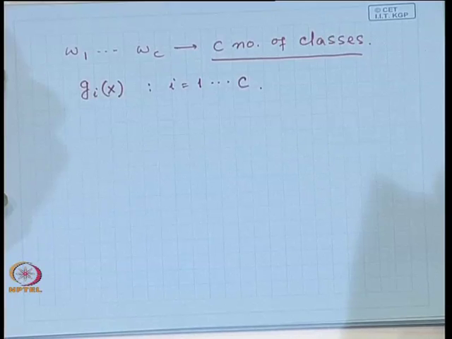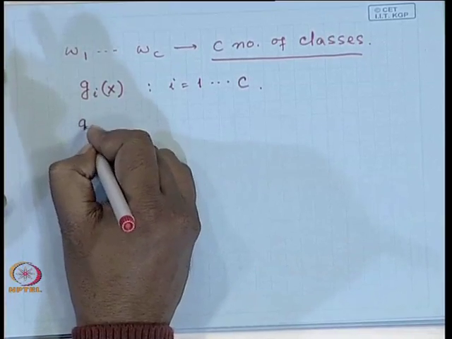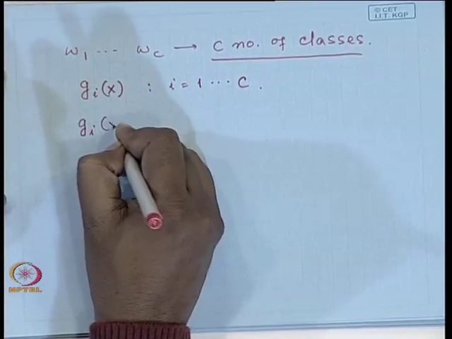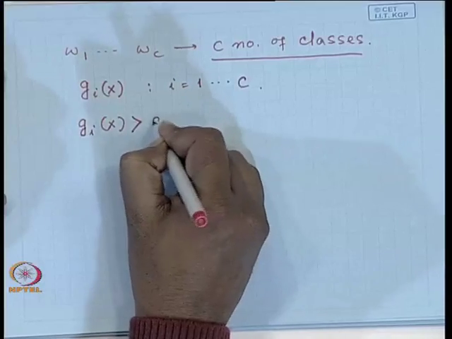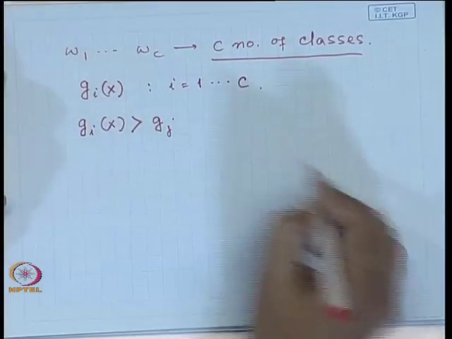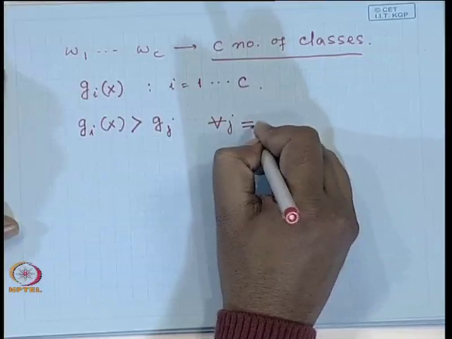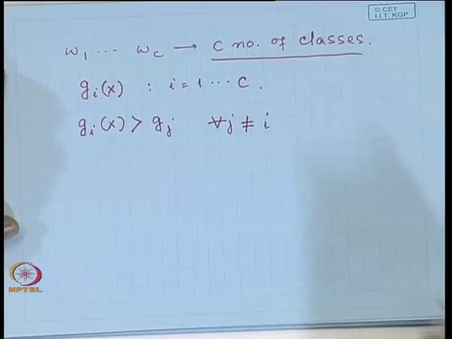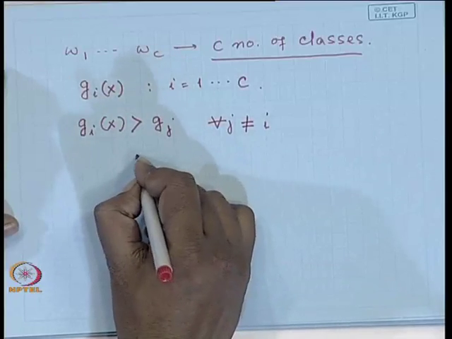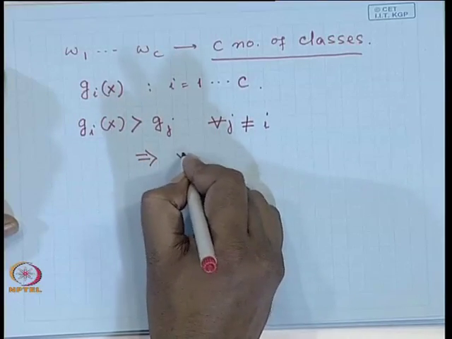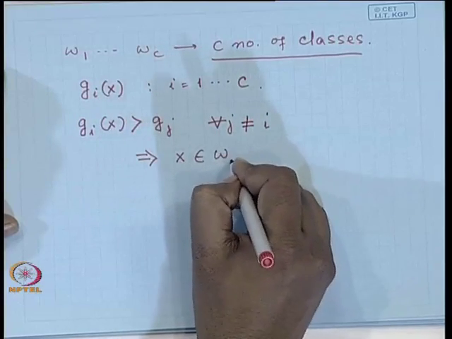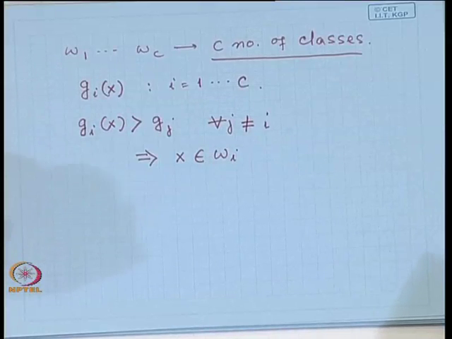So, if I frame the decision rule in general that g i x is greater than g j x for all j not equal to i, then I decide that this x belongs to class omega i.